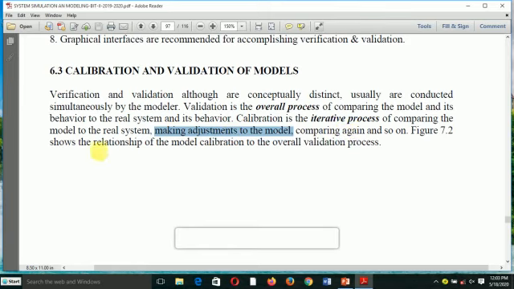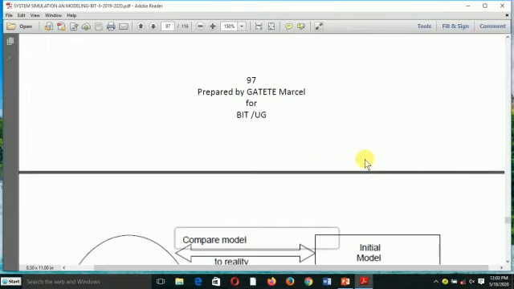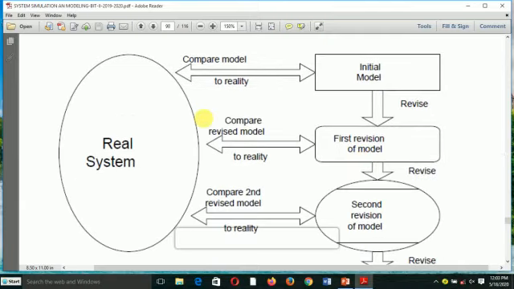So here we are going to see the relationship between model calibration and the overall validation process. Here I have a real system. I compare the model to reality. This is the initial model, so at the beginning I compare it to the real system. There are some differences I have to revise.